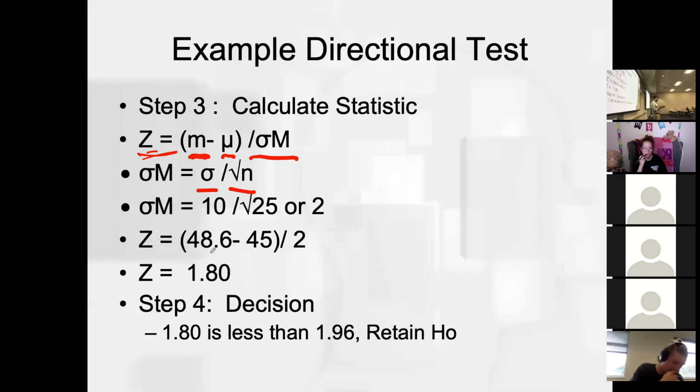So our 48.6 is the mean for that sample, for the group that got that reading tool, minus 45, which is that population mean without the reading tool, divided by 2 gives us 3.6 divided by 2, or 1.8.